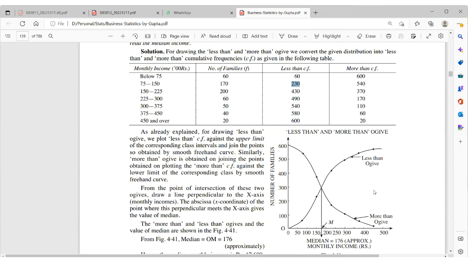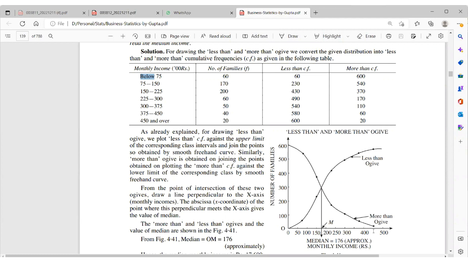In the similar way, more than 0 is the total, which is 600. So at 0 we make a point at 600. More than 75 is 540, so at 75, 540 we make this point. Similarly, more than 150 is 370, so at 150, 370 we make this point, and so on.